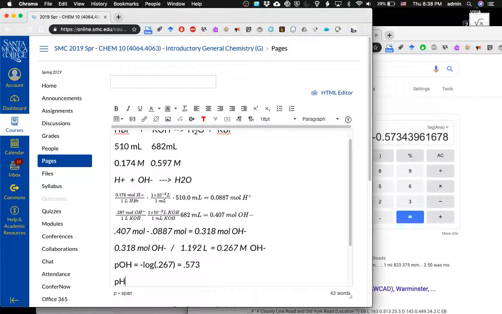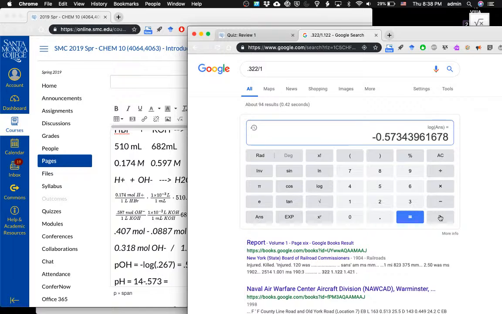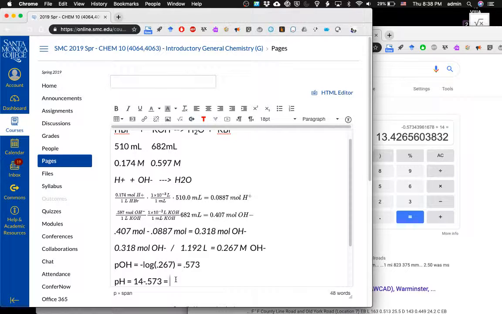So the pH is 14 minus 0.573, which is going to equal 13.427. So do you see how this is a little bit different than number one?